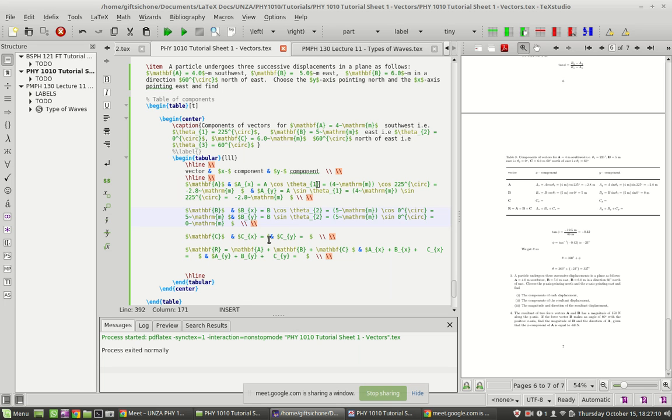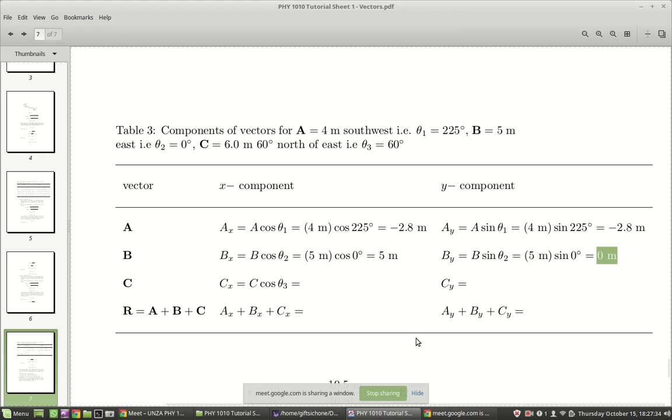Let's move on to C. How do we get Cx? The magnitude of C cos the angle.